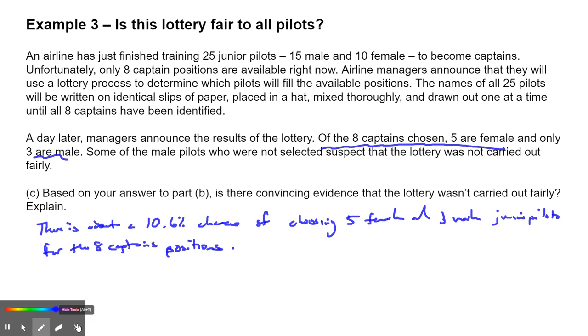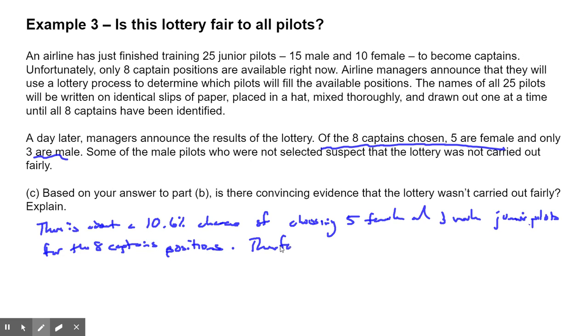Then we compare that to 5%. That's greater than 5%. So this can happen too often by chance. Therefore, the disgruntled males have no convincing evidence that the lottery wasn't carried out fairly.